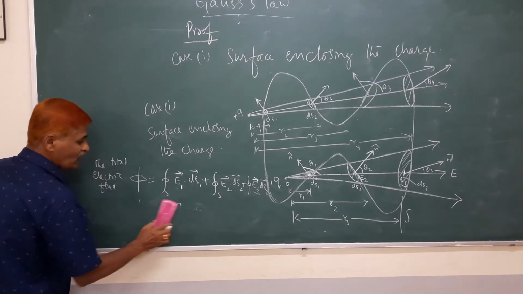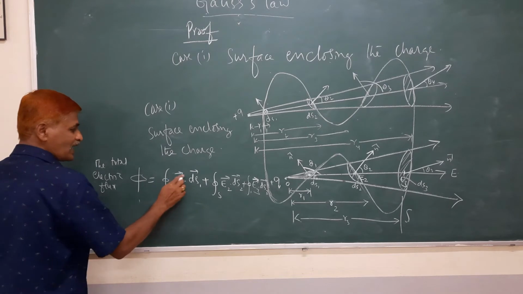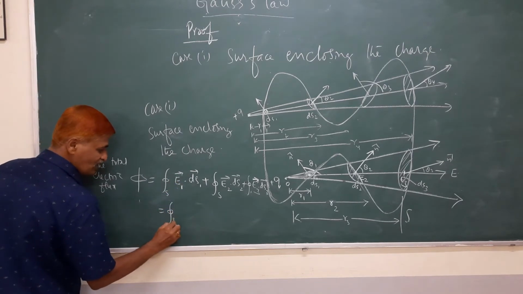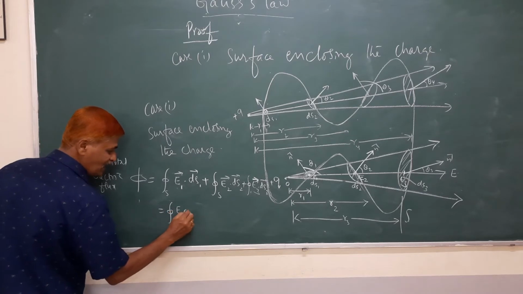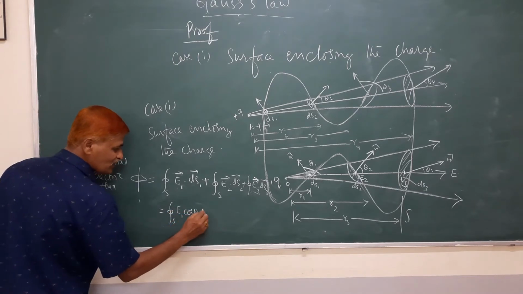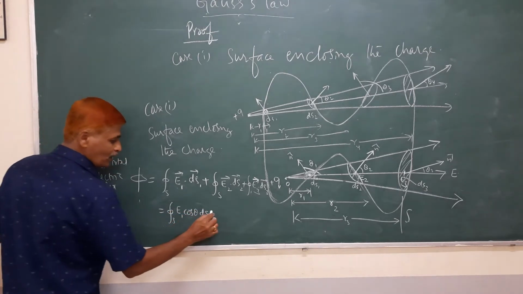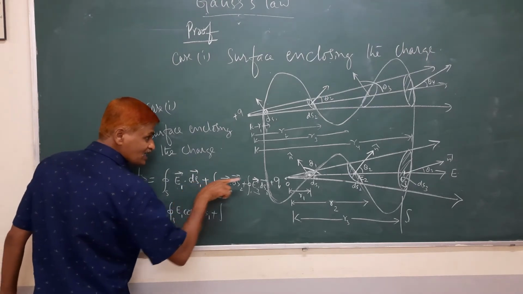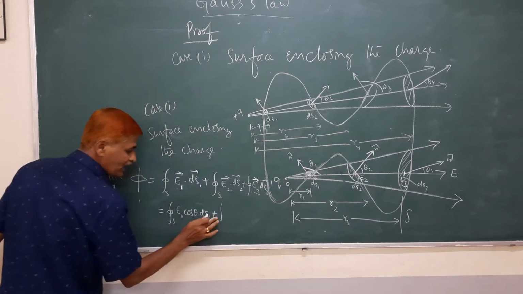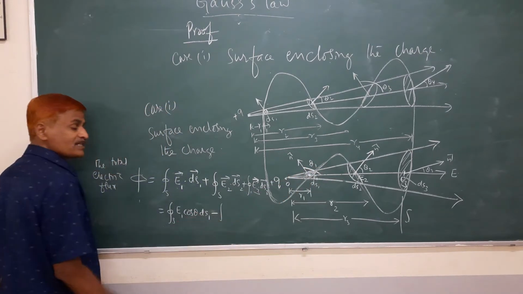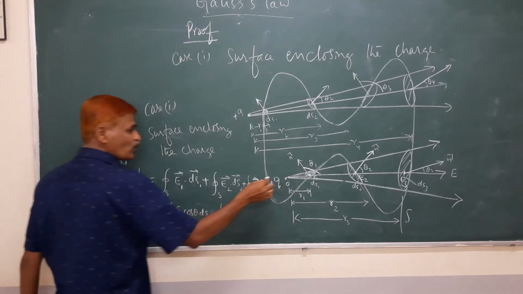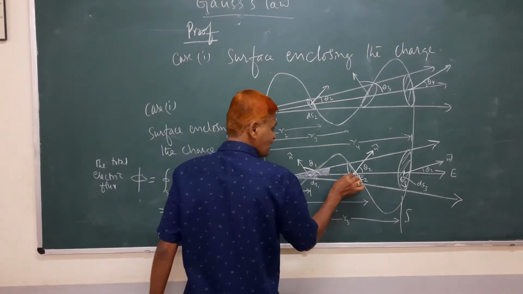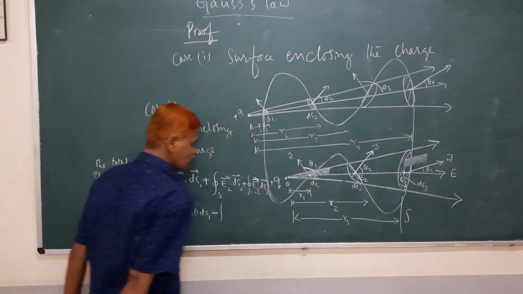If you remove these vector signs, this dot product can be written as surface integral E1 cos theta 1 into ds1 plus, this is flux entering here, so I can make it minus, they are going out here positive, they are entering the surface negative, again they are going out positive.